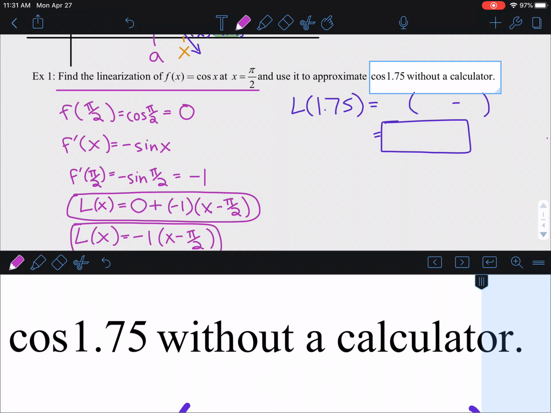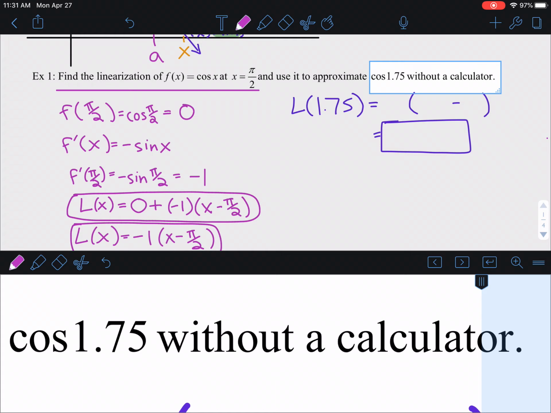I want you to think back, in the time of Isaac Newton and Leibniz, when these guys were thinking of the concepts of calculus separately in England and Germany respectively, there were no calculators. So if you wanted to know something like the cosine of 1.75, how could you do that?